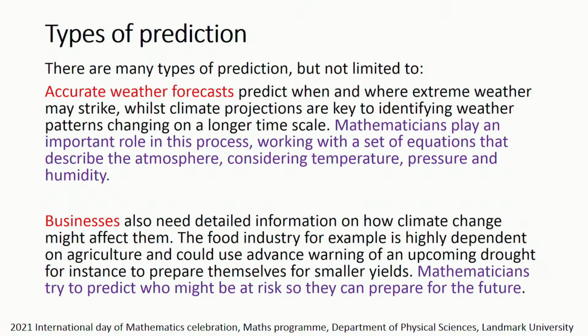So mathematicians play an important role in this process, working with a set of equations that describe the atmosphere. Considering temperature, like I said earlier, we look at the pressure, we look at humidity, we look at the radiation of the sun, because the sun is also assisting us in this issue.